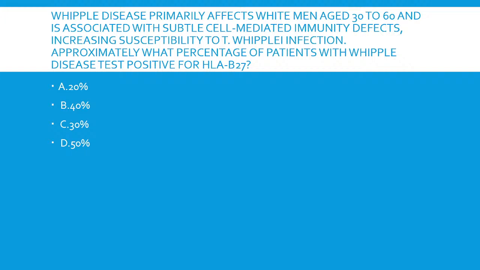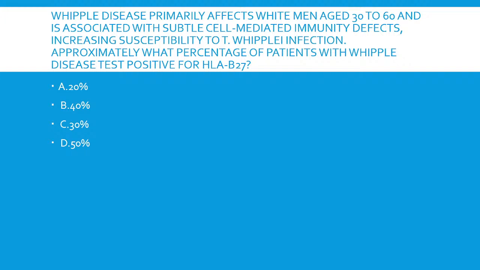HLA-B27 can be positive in multiple conditions. Okay. So we don't specifically use it as a gold standard diagnostic tool. You all know in ankylosing spondylitis also, unless the patient has clinical features supporting the diagnosis, only with the positivity of HLA-B27, we don't consider the patient to have ankylosing spondylitis.